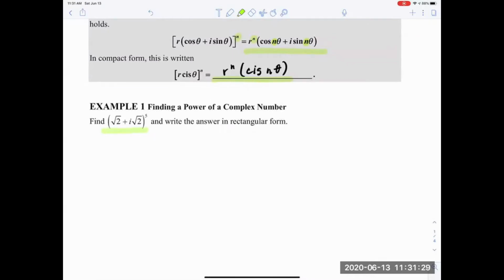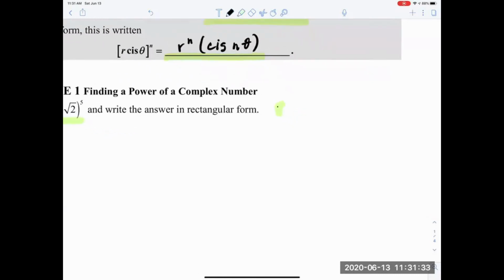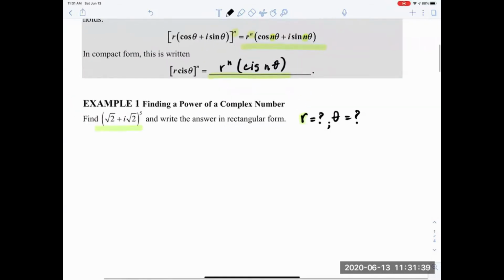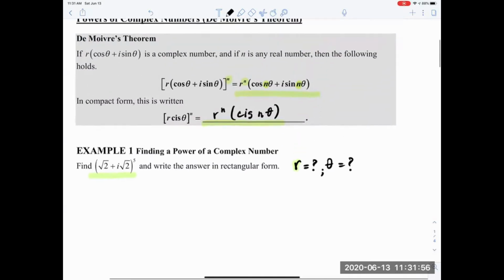You need to find R. And you need to find theta. Normally, because square root of 2 plus I root of 2 can be converted into some sort of a form of R cosine of theta plus I sine of theta. So that is our goal. Once we do that, we can apply the theorem above.